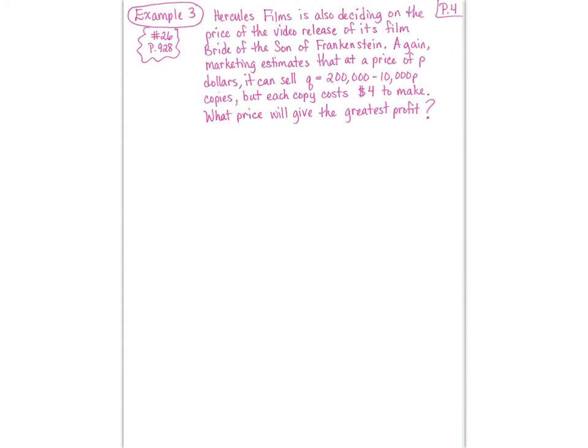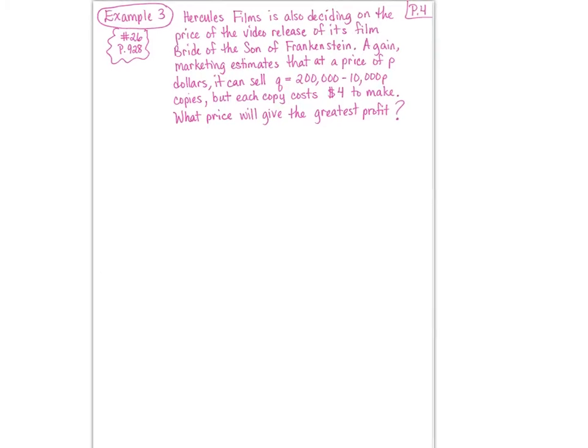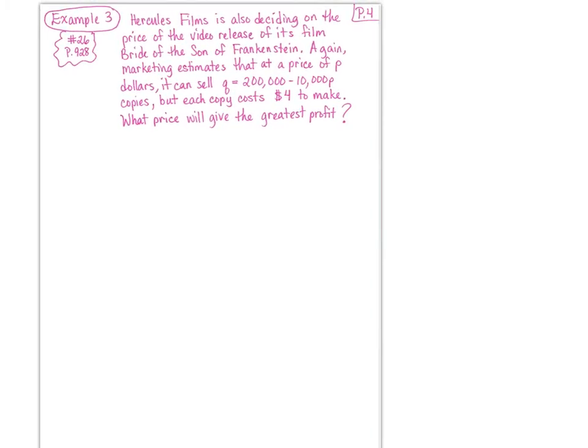This idea should seem familiar because we talked about profit before. Supply and demand pops back up now as an application, incorporating the new ideas that we've learned. So you should pause this, try this example, and then come back to this video and watch how we work through it.